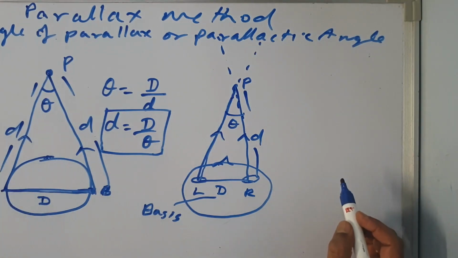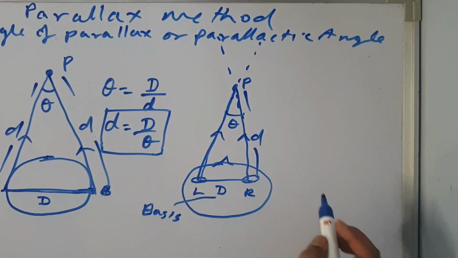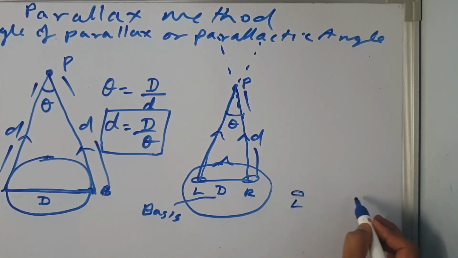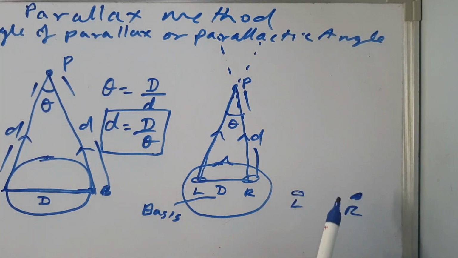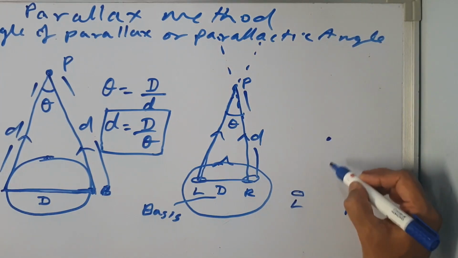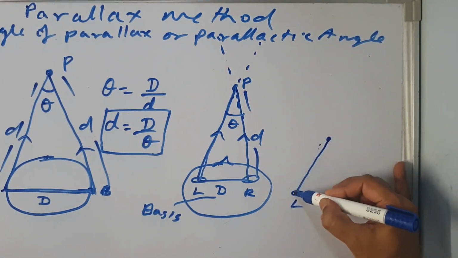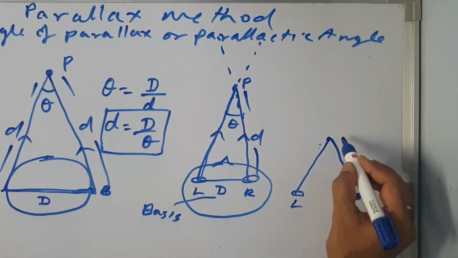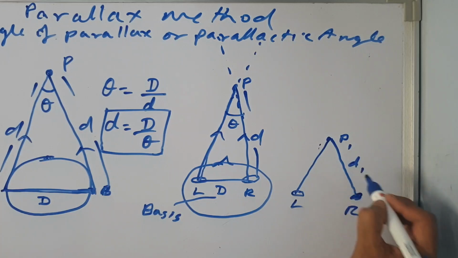Now, suppose this is your left eye, right eye, you are looking in this direction. Here is a point P1 at a distance d1.